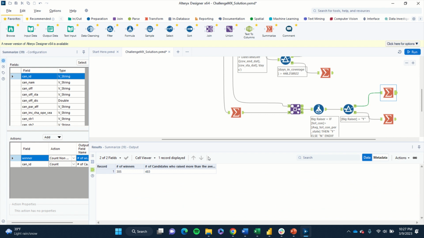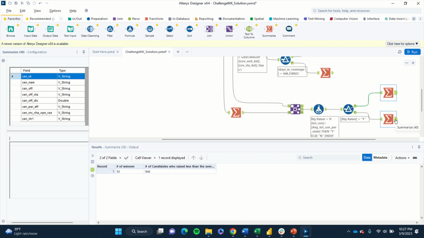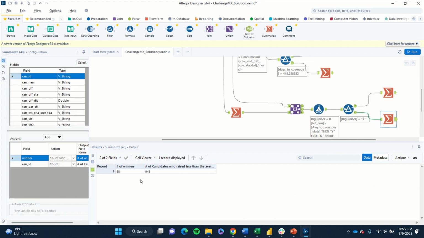For those who were above average for raising in their state, more than 75% won, and those who weren't pretty clearly did not win. So we clearly recommend that we need to be big raisers. We need to be aware of what other candidates are raising in our states and find ways to raise more than them, because there's a clear correlation between that and winning.